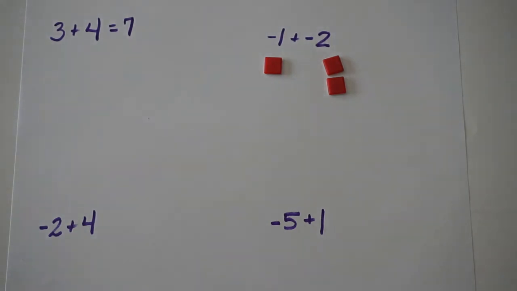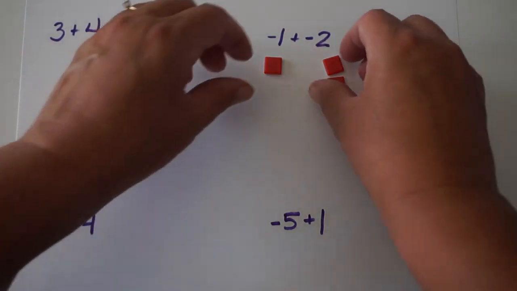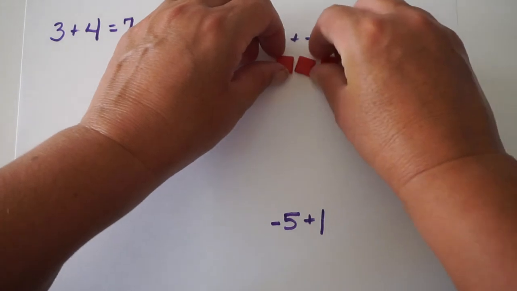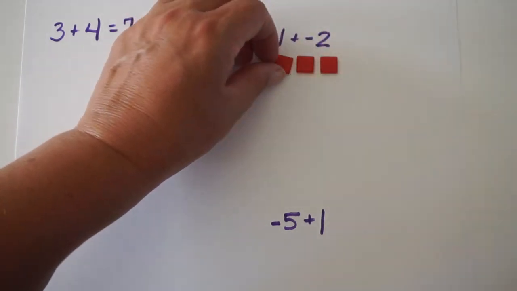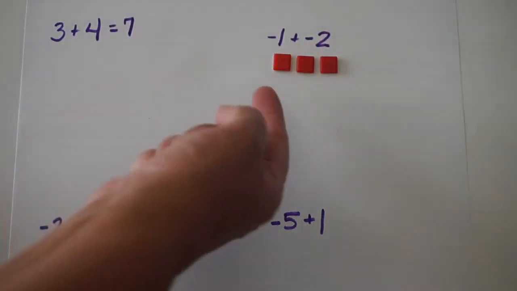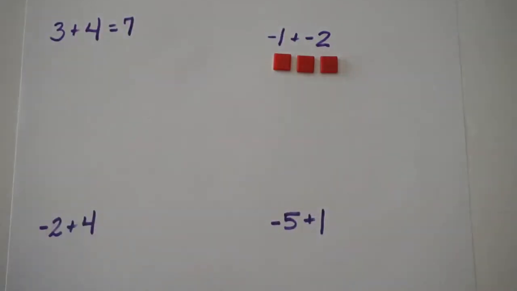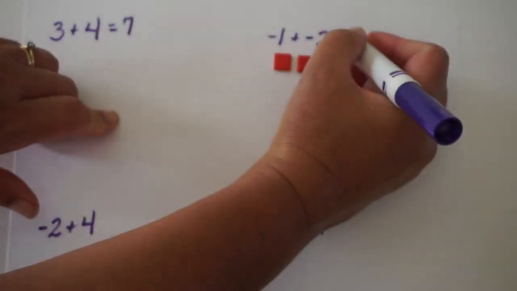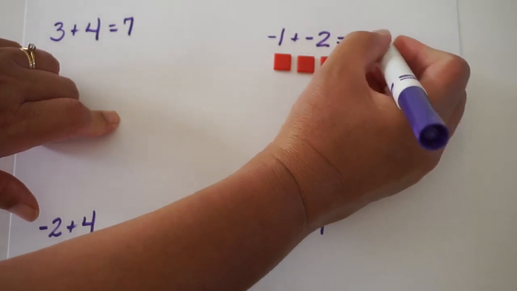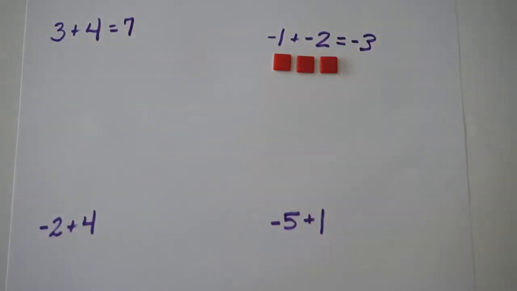As we know, addition is pushed together. So I'm going to push these sets together. And then we count up the result. The result is 1, 2, 3, but those are red, which represents negative. So the result of -1 plus -2 is -3.